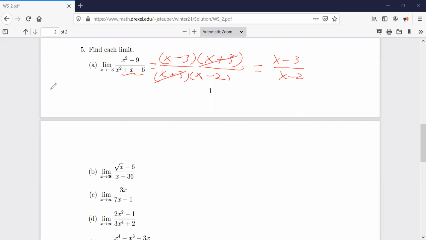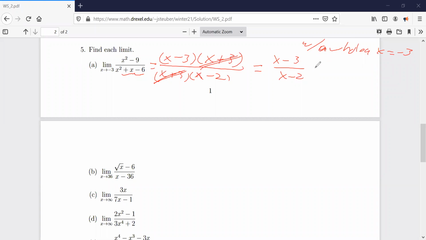So basically, these will cancel everywhere except it's going to be undefined at the one point where it's 0 over 0. Everywhere else the ratio is going to be 1, right? So that tells me that this function looks like this with a hole at x equals -3, which is the point where these are equal to 0.